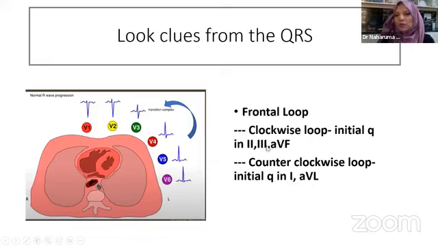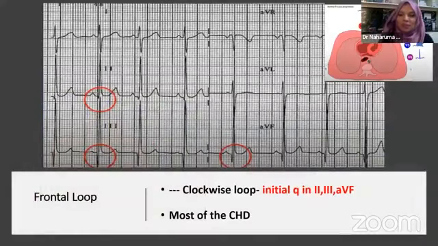So clockwise loop is Q wave in the inferior leads and counterclockwise loop is in lead 1 and aVL. Why is it important? Because most healthy persons have clockwise loop, and in most congenital heart disease we also get this clockwise loop.